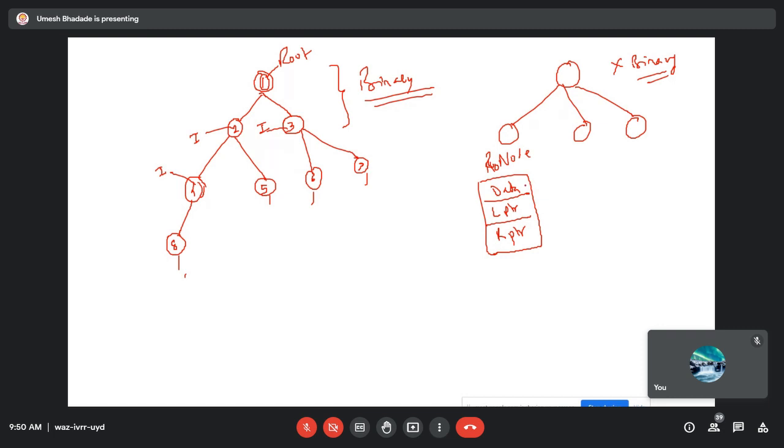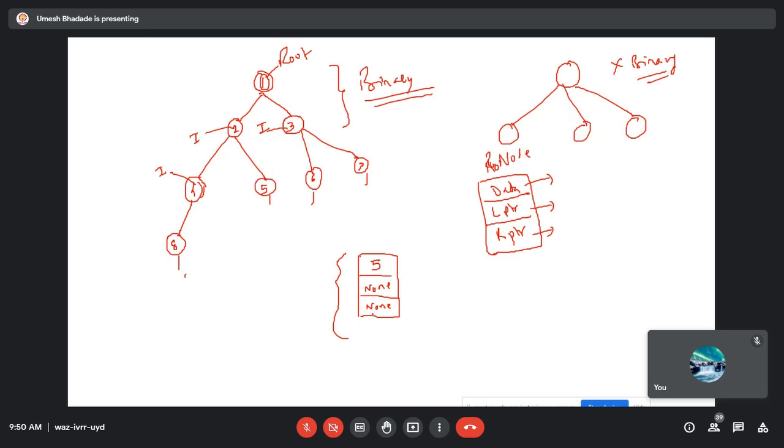Minimum three fields will be there: data, left pointer, and right pointer. Suppose this is my node containing data 5, left pointer is none, and right pointer is none. Then what will you call this node?